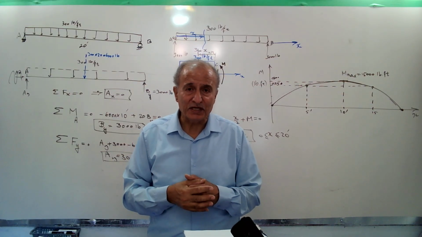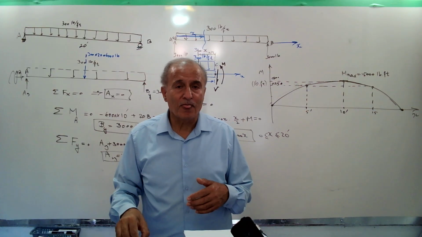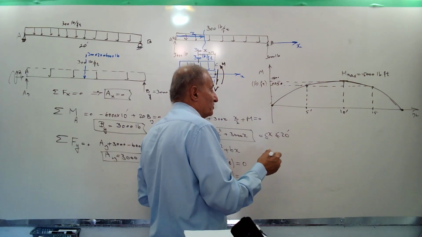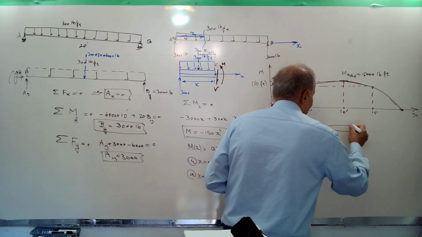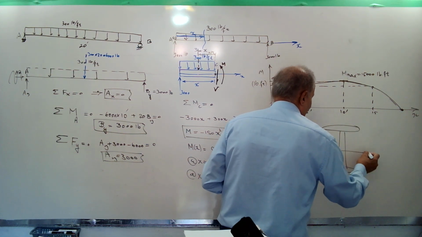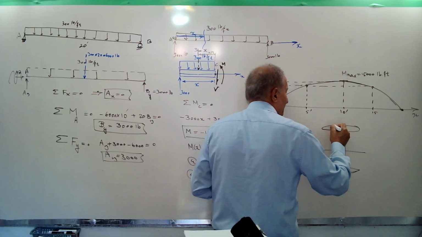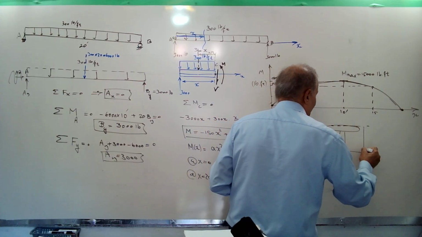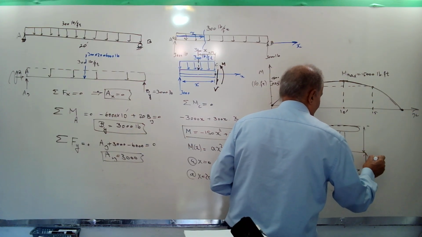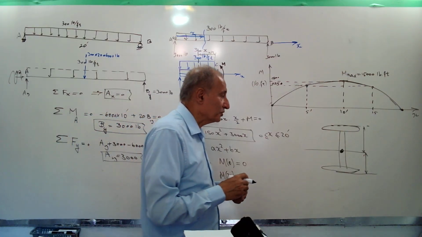The maximum bending stress happens when M is max and when the distance of the point from the neutral axis of the cross section is max. Assume an I-beam. This is the neutral axis. That point, the upper flange or lower flange, is at the maximum distance from the neutral axis.